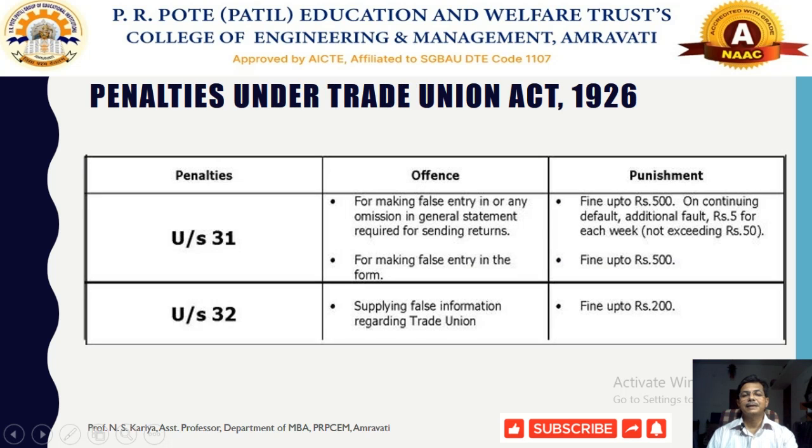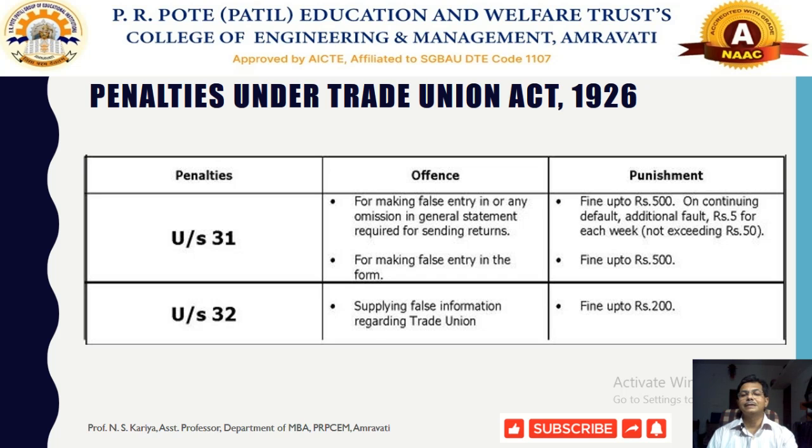Now there are various penalties available according to Sections 31 and 32 of the Trade Union Act 1926. For example, for making a false entry or any omission in the general statement required for sending the return: if any trade union making a return before the 31st December has made any false entry in any statement, either the income statement, profit and loss account statement, or any other assets and liability related statement, there will be a fine of up to rupees 500.